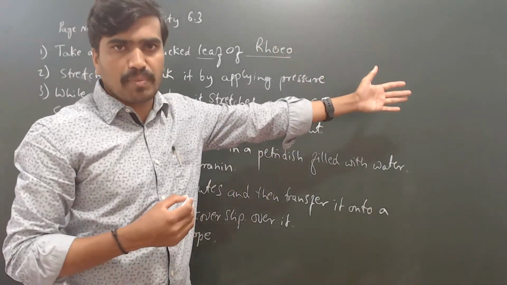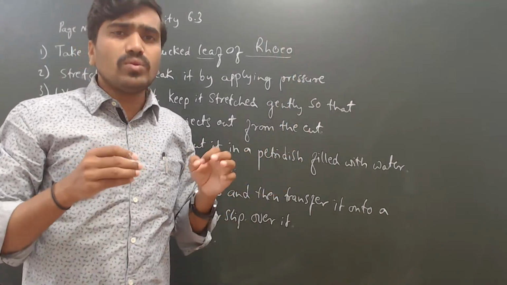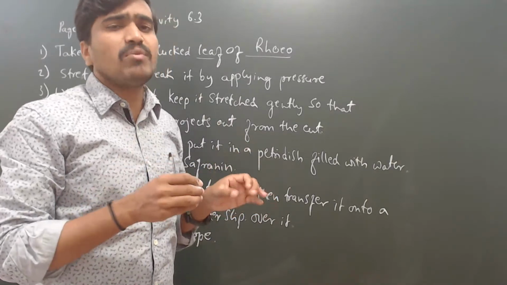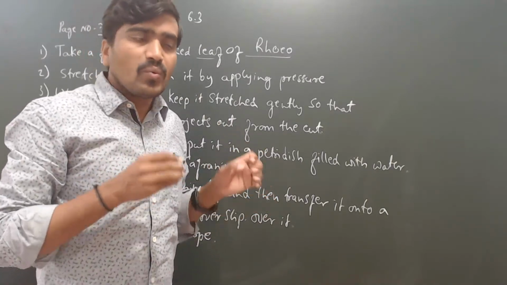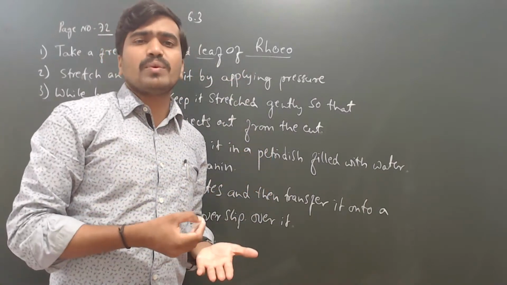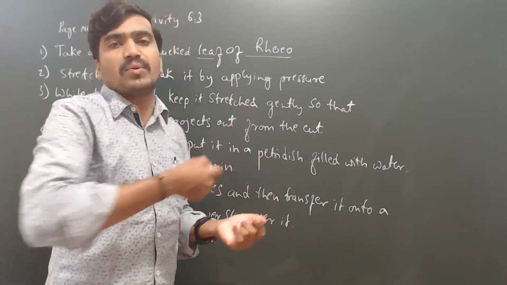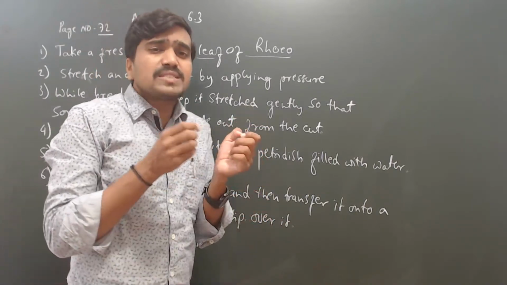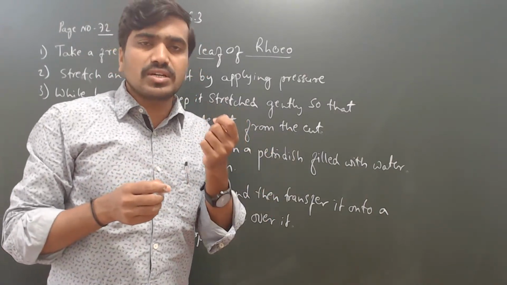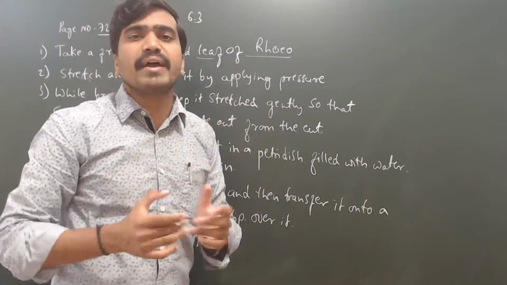Complex has two types: xylem and phloem. When you need to see these cells or tissues, we need some part of the plant. The microscope is the needed instrument for this activity because tissues and cells look very small, minute in structure. To see their structures, we need a microscope.